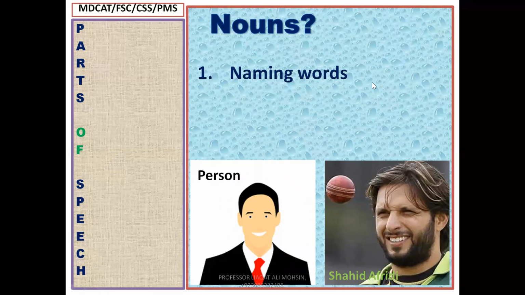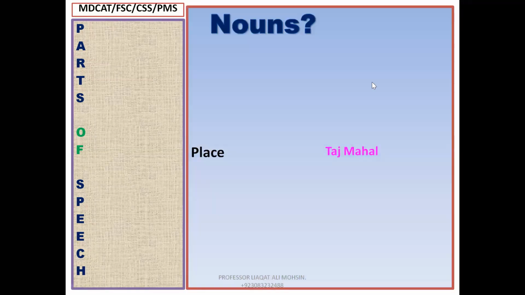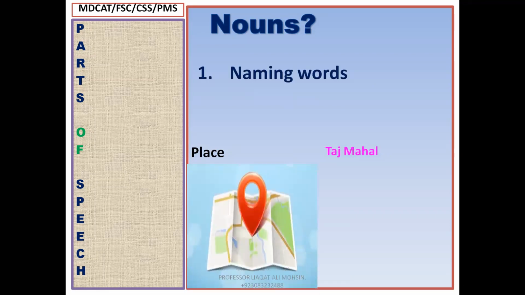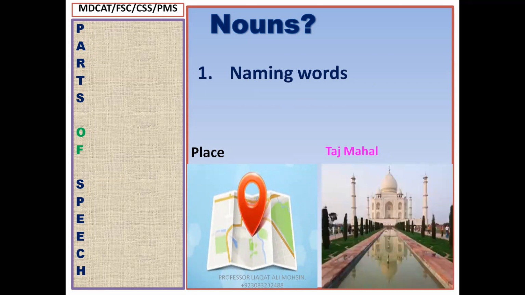Similarly, we move forward. Nouns are the naming words of place. Place is where? Any place, generalized. But a place can be Taj Mahal. This is one of the wonders of the world. It is located in India and is the symbol of love by a great Mughal emperor.